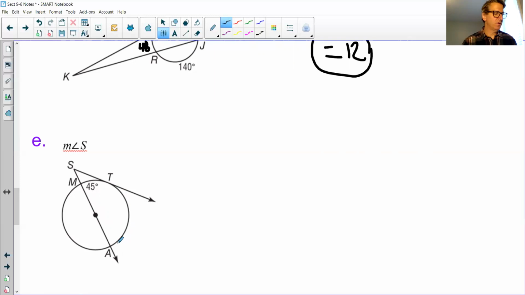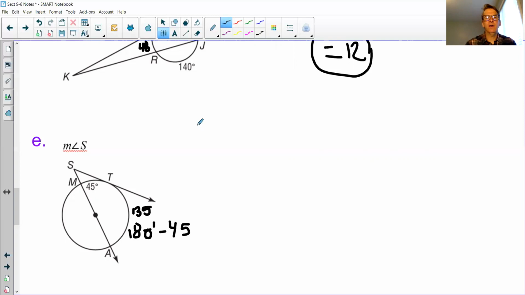So 180 minus 45 is 135. Okay, so this arc is 135. And let me just put that down there, 135. All right. So keep that in mind. Look out for diameters running through there.